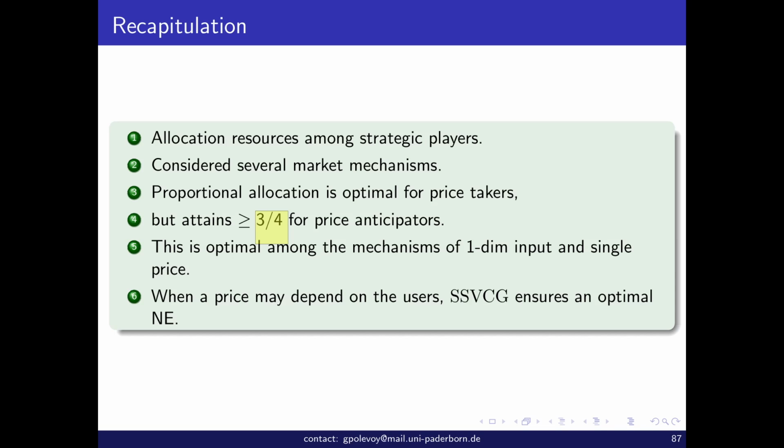But if we allowed ourselves to extend this and let the prices depend on the users, then this Scalar Strategy VCG mechanism, which is not a VCG but something inspired by VCG, ensures that there is always an optimum equilibrium, sometimes even every Nash.